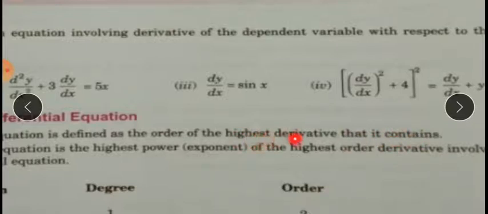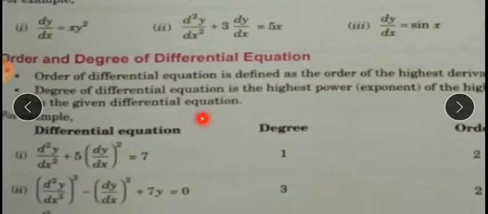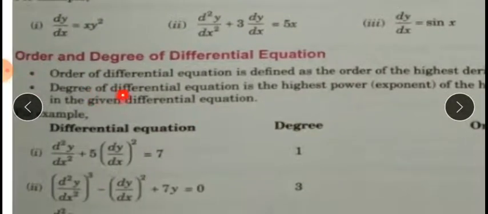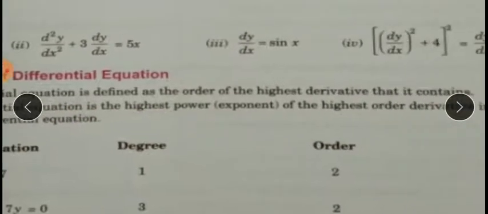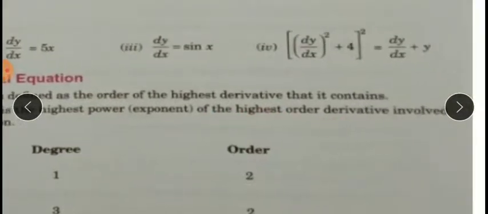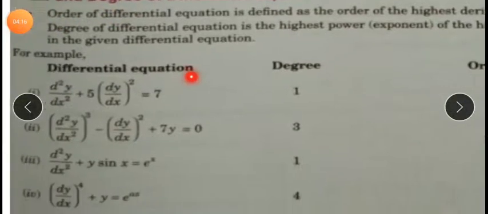The highest derivative gives its order, and the degree of a differential equation is the highest power, that is the exponent, of the highest order derivative involved in the given equation. Degree and order will be clear to you from these examples.